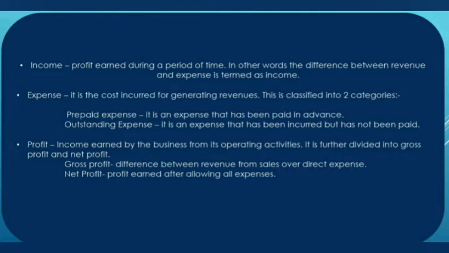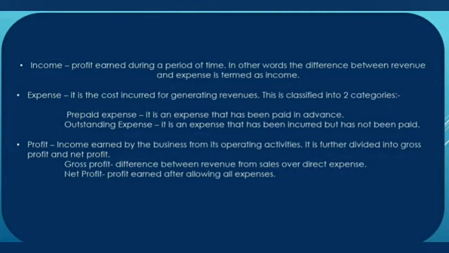To understand this better, let's take an example. Suppose you have an insurance premium of rupees 10,000 that has been paid for 1 year beginning 1st October 2016. So now your financial year is what? 31st March 2017. This means premium for 6 months, that is from 1st April 2017 to 30th September 2017, amounting to rupees 5,000, is paid in advance.